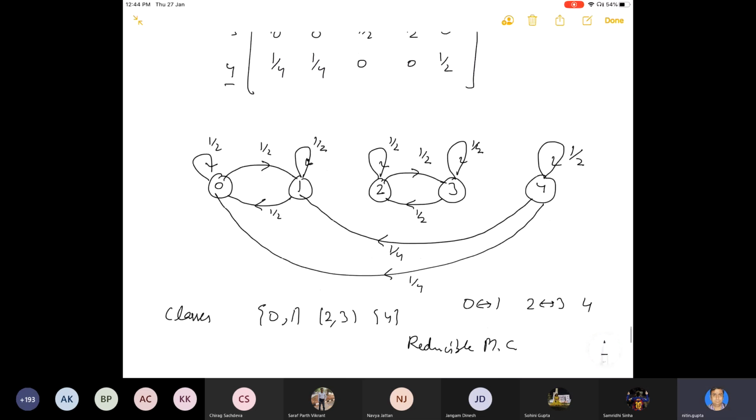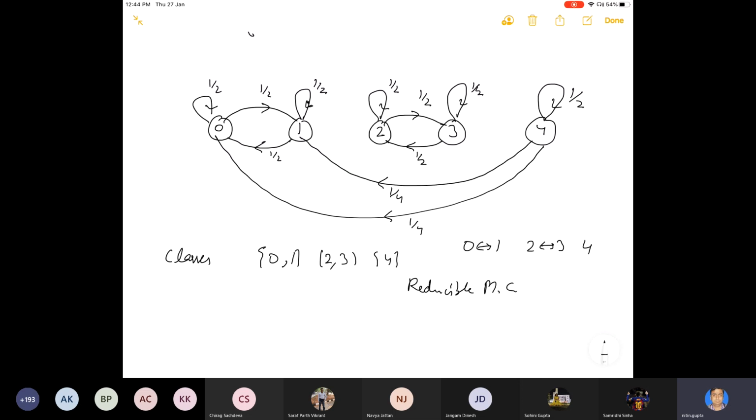So if you are in state 0, again you will visit state 0 again and again and again. You can go to state 1 sometimes, but again and again you will visit state 0. So state 0 is basically a recurrent state. From the diagram itself we can say, if 0 is recurrent, 1 is also recurrent. Because they are in the same class, this class is basically recurrent.